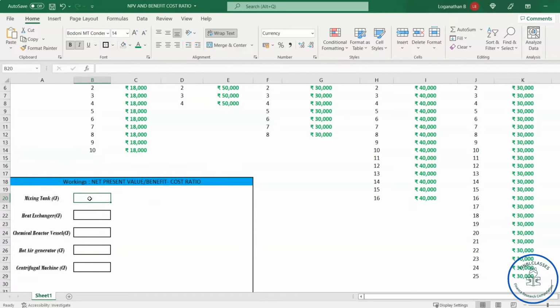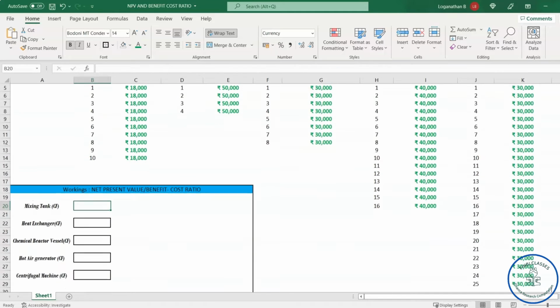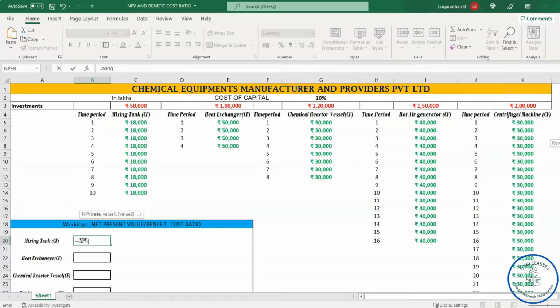Apply the NPV function that we have discussed in the earlier lectures. So NPV function for the mixing tank, equal to NPV, and the rate of return that they have given, the cost of capital, is your minimum rate of return, or we call it the hurdle rate. So 10% is the minimum rate of return.